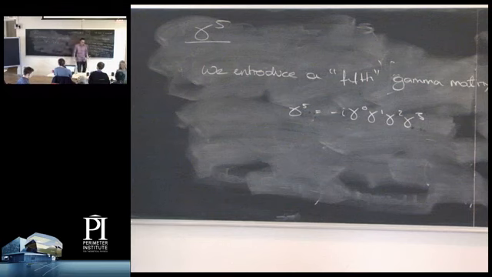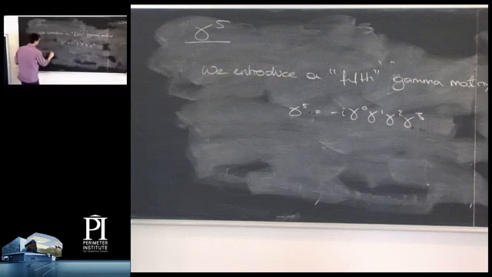Okay? It's dead easy. So you can convince yourself that this has certain properties. Firstly, it anti-commutes with the first 4 gamma matrices that we came up with.